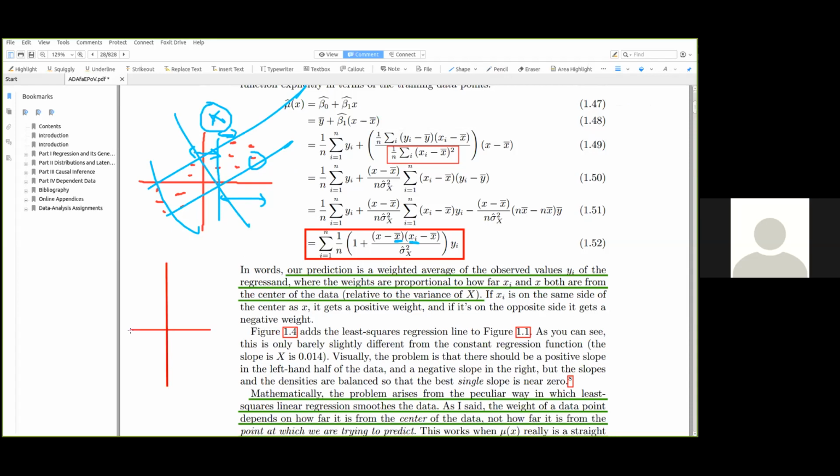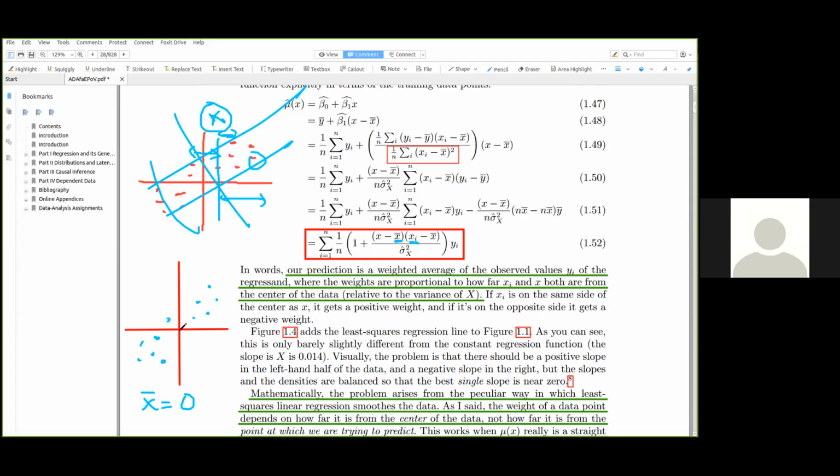Okay, this is my x and this is my y. Right now I'm making the assumption that my points are arranged such that the mean, x bar, is 0.